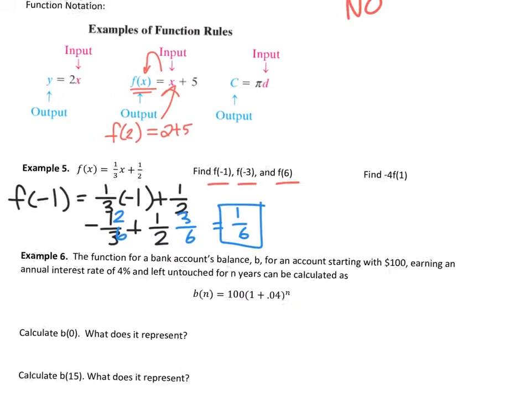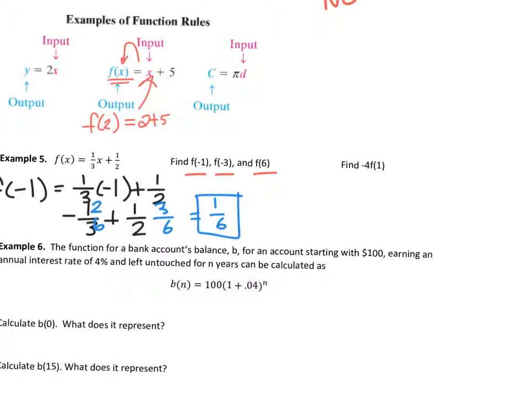Okay, -4 times f of 1. What that means is we're going to do f of 1 first, and then we're going to multiply it by -4. So f of 1 is equal to 1/3 times 1 plus a half. So that's 1/3 plus a half. Now again, I want to get a common denominator of 6.